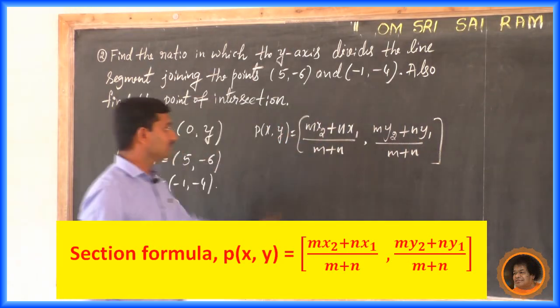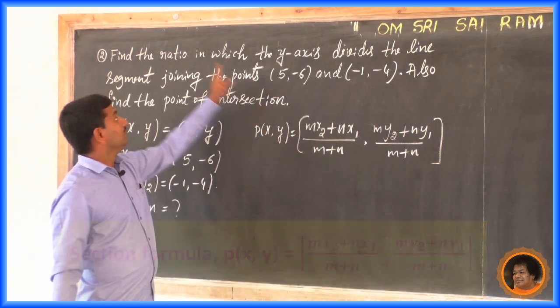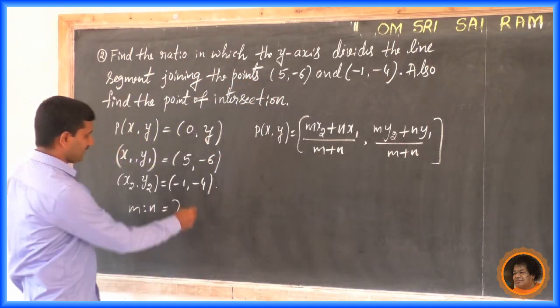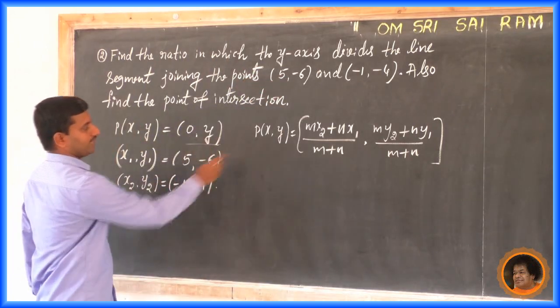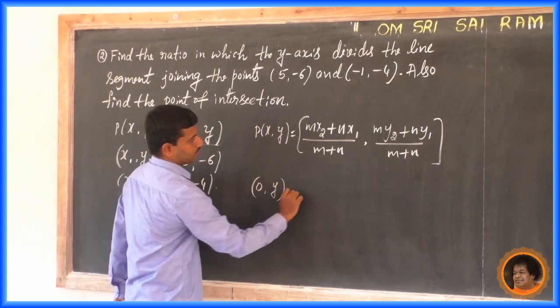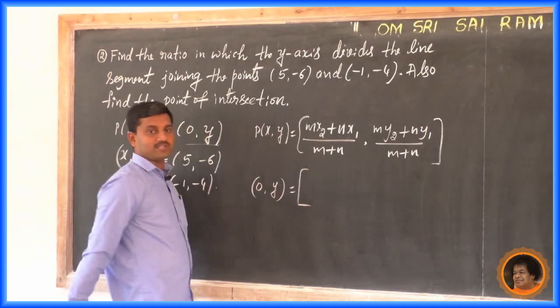Now substitute the values. So P of x, y, find the ratio in which the y-axis divides the line segment. So y-axis in the form of 0, y. So value of P of x, y is 0, y, equal to mx2 plus nx1.